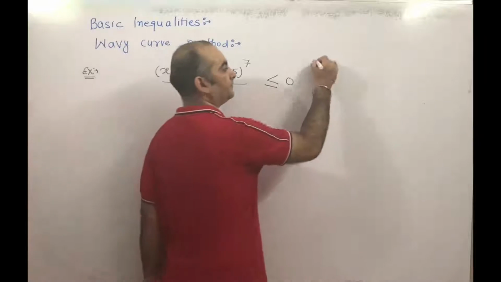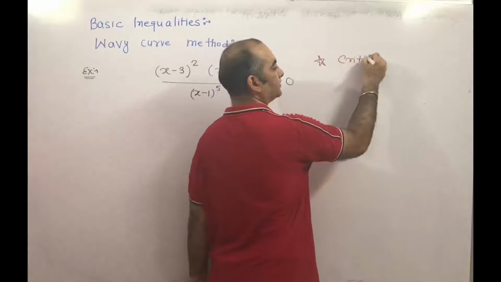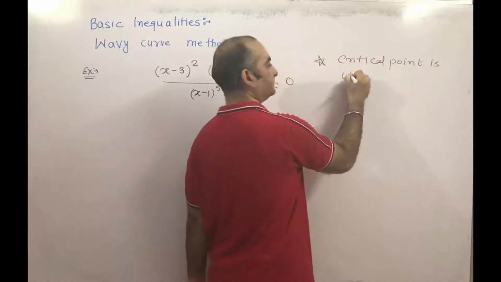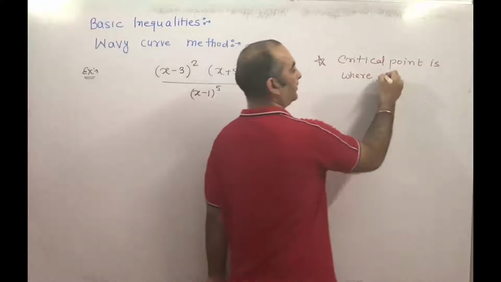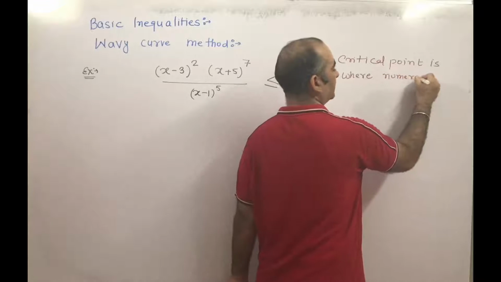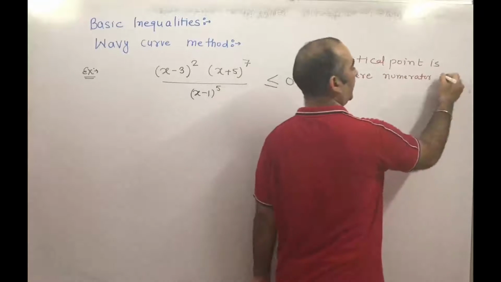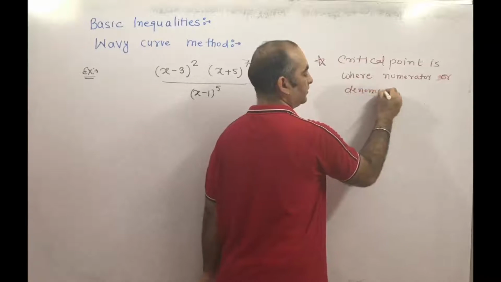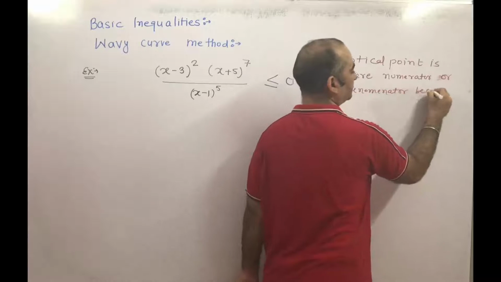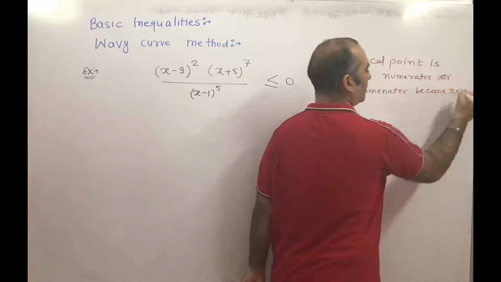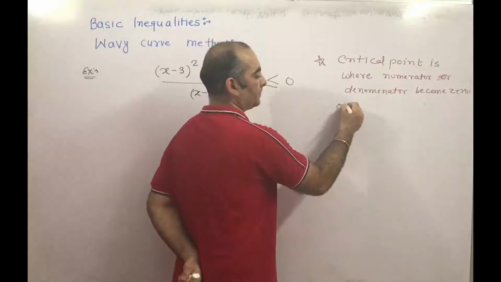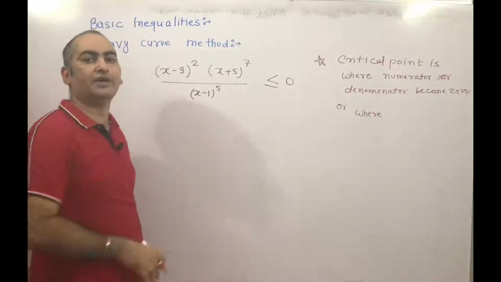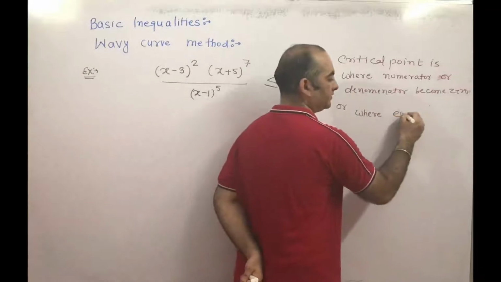Critical point is where the numerator or denominator becomes 0, or we can say where this expression becomes 0 or undefined.